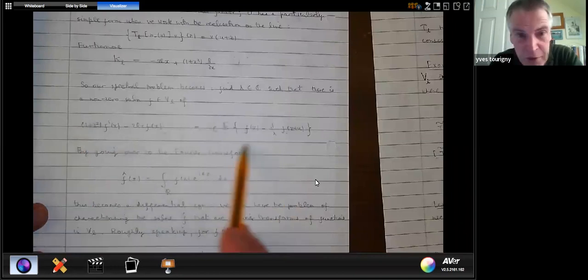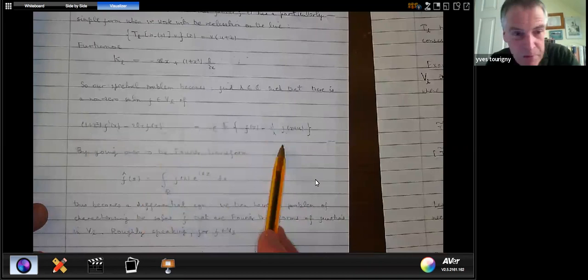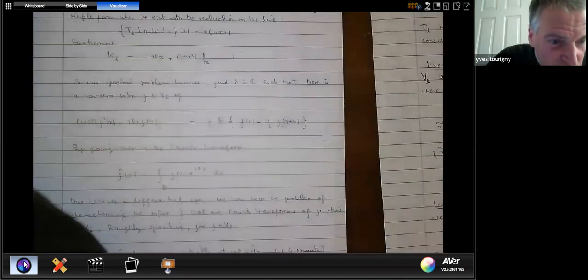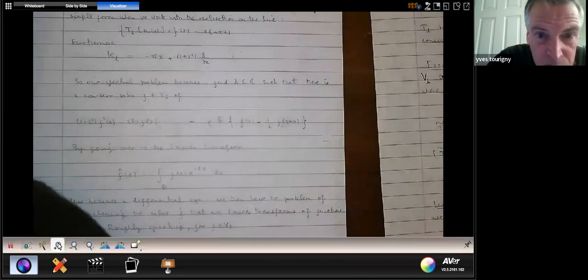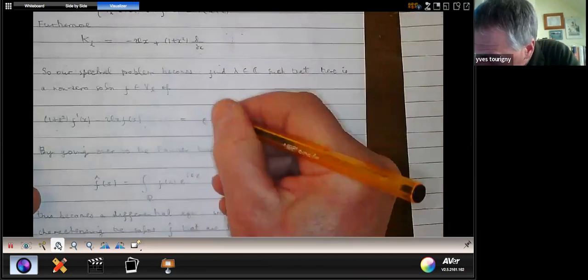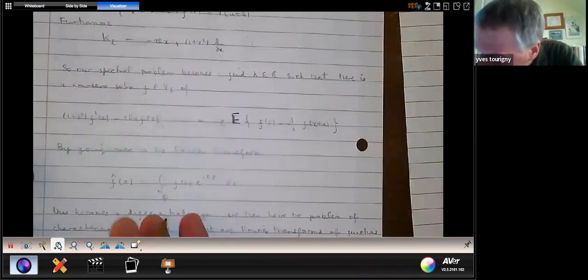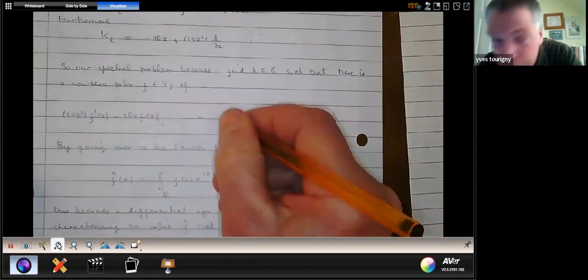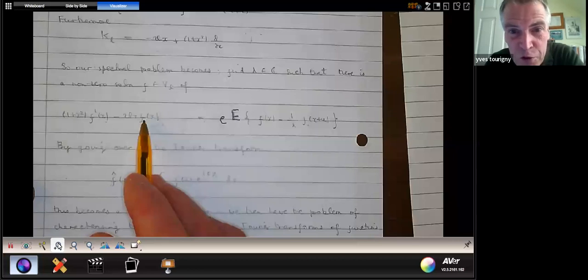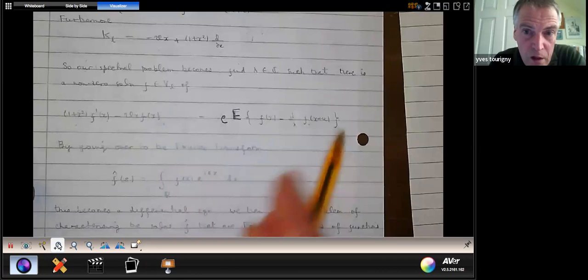So the spectral problem becomes equivalent to something like this. Here we've got an expectation, where lambda is the eigenvalue and f is the unknown function.